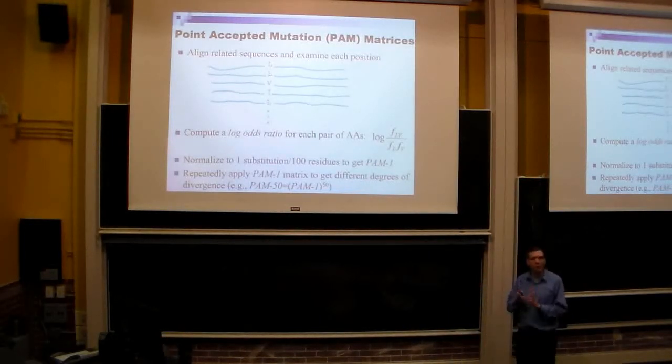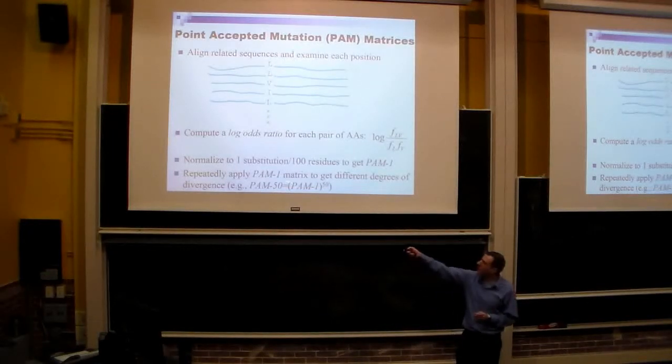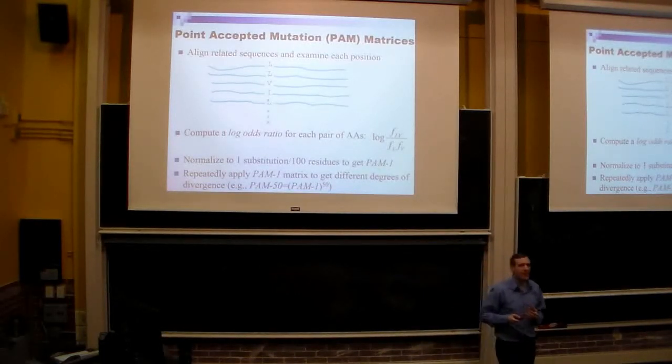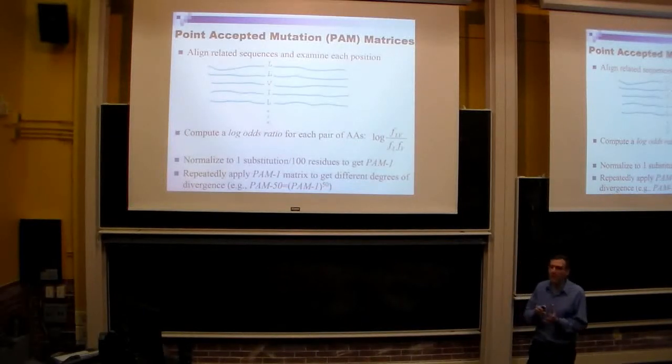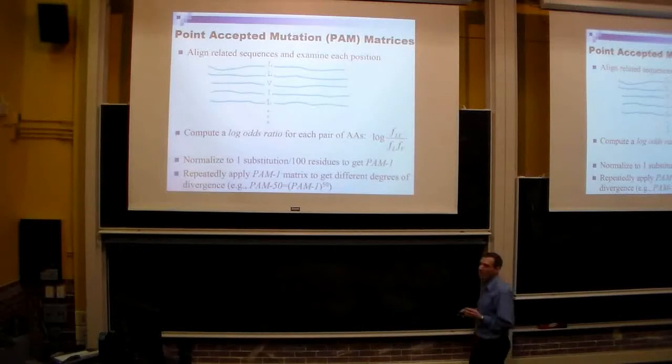You can then compose these PAM1 matrices, just take products of these to get distributions of sequences longer times later. So if you take the product of 50 PAM1 matrices, or equivalently apply the PAM1 matrix 50 times, you get something that should approximate the evolutionary biases over 50 times that length of time.